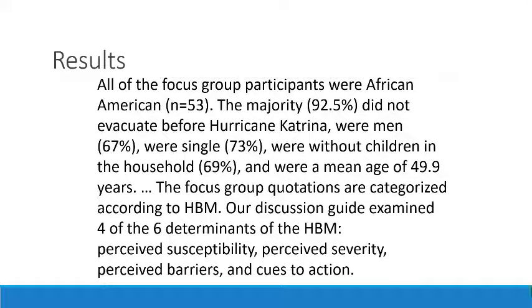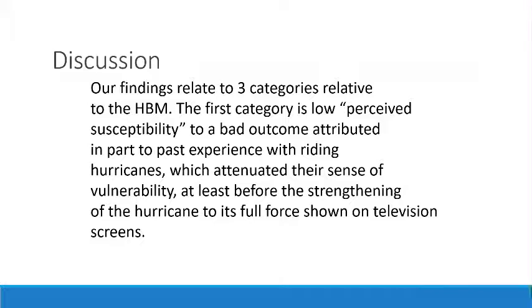Later, the results based on the health belief model were given based on the 4 determinants listed. In the discussion section, the authors relate the results back to the health belief model. In this paragraph, the perceived susceptibility category is discussed with regards to the hurricane and its presentation to the public.